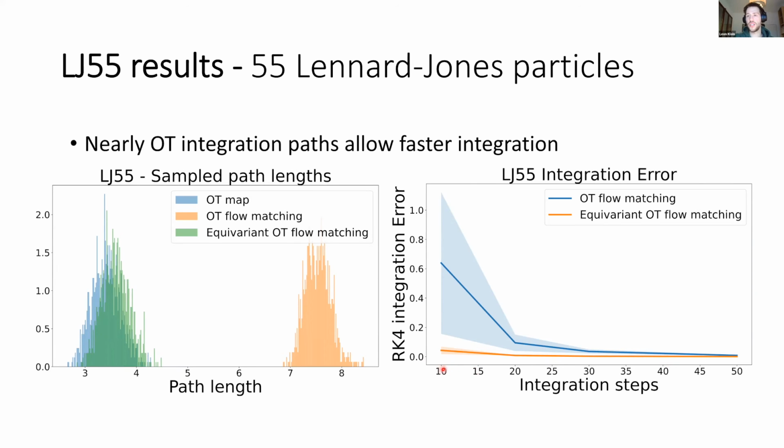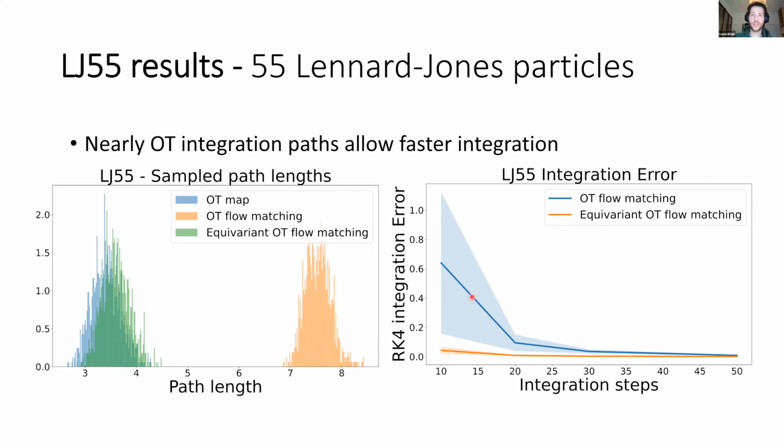So you can see even for quite a significant number of integration steps, the OT flow matching has quite a significant integration error, while the equivariant OT flow matching, even for 20 steps, will get the same results as with the adaptive solver. And this, of course, is because for the OT flow matching, we have this change in direction and this curved integration path.